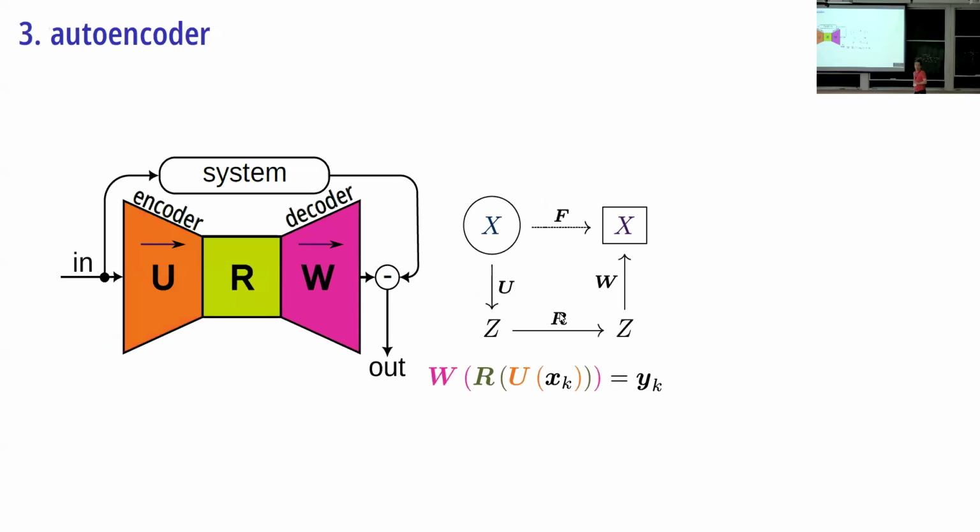All right, so we have the autoencoder, which is very nice because it can identify invariant manifolds. And this works by using an encoder and then a decoder, right? And this is very nice because first you can pre-train that the W composed with U is nearly the identity.